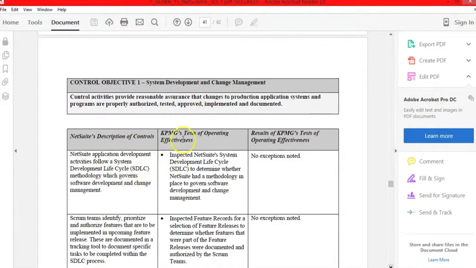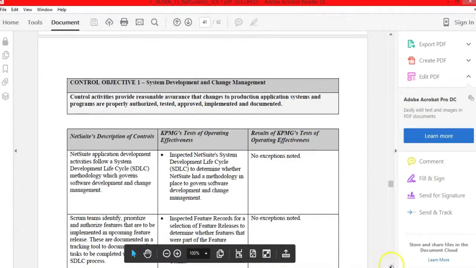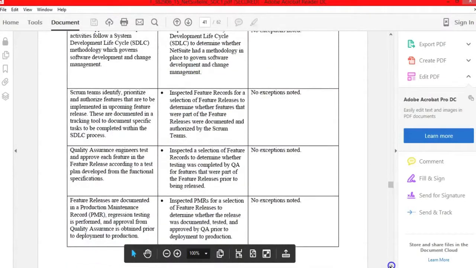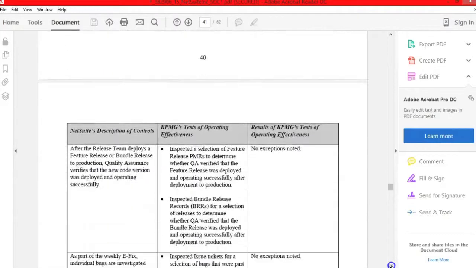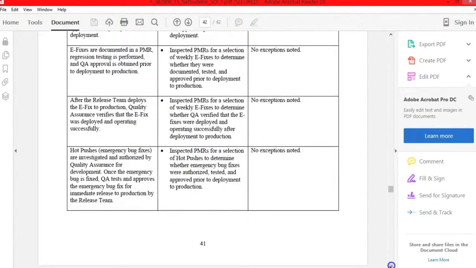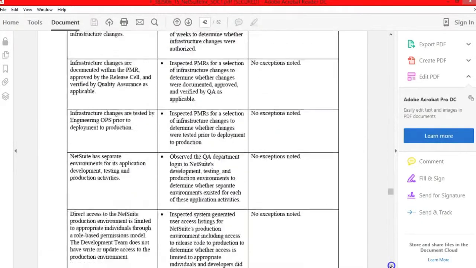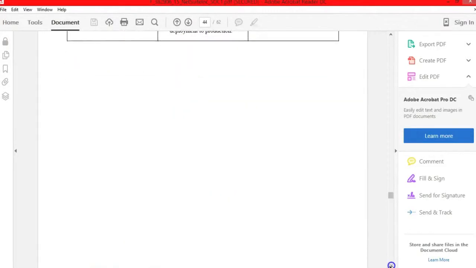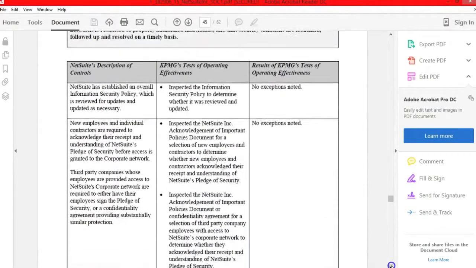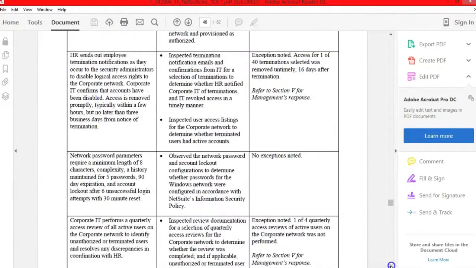Then this is what KPMG did to test and verify it, and these are the results. Honestly, I just scan down and look for where it says no exceptions noted, that's good. I don't even read those things. That's probably bad, but I just scan through. There are no exceptions, no exceptions, no exceptions. That's great. Seems like they operate a good environment.